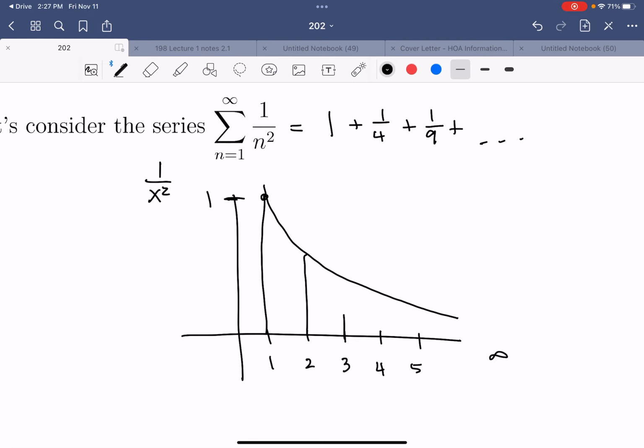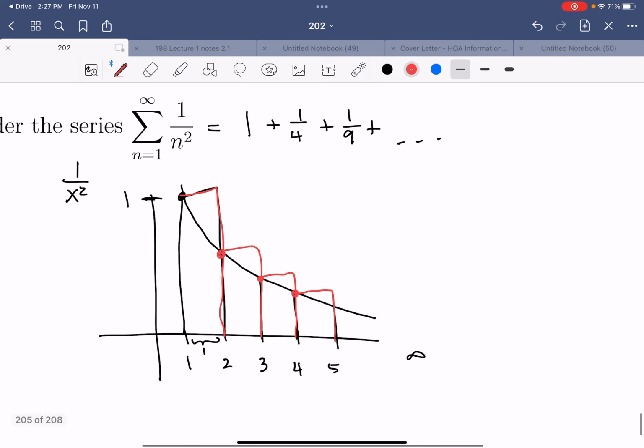And essentially, we're going to create these rectangles. Because the width of our rectangle is 1, the area of the rectangle that we create is just whatever the height is. So if we estimate using left endpoints, that gives me this rectangle, and this rectangle, and this rectangle, and we can keep going all the way out to infinity.